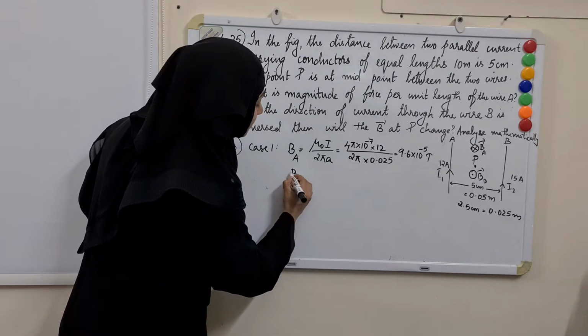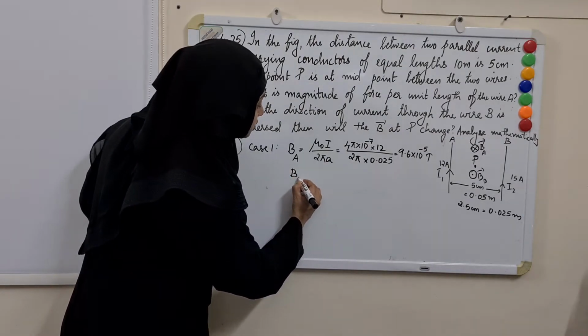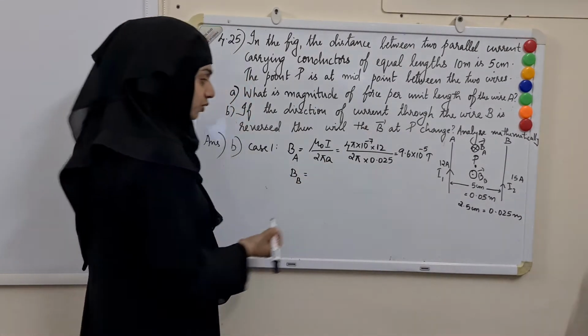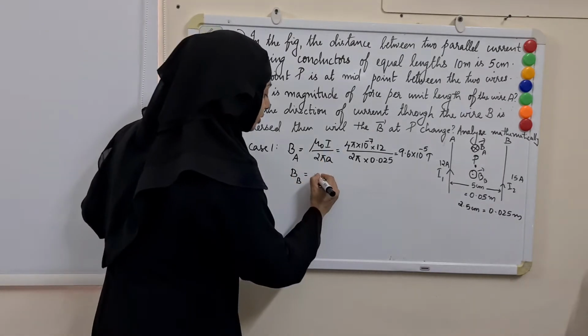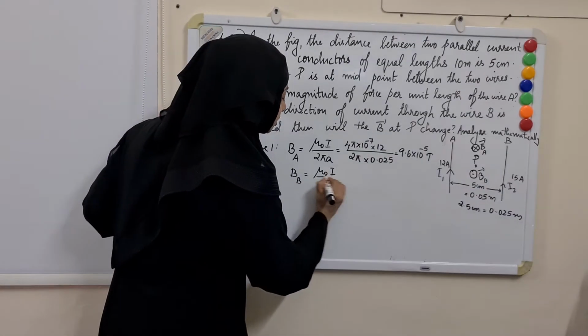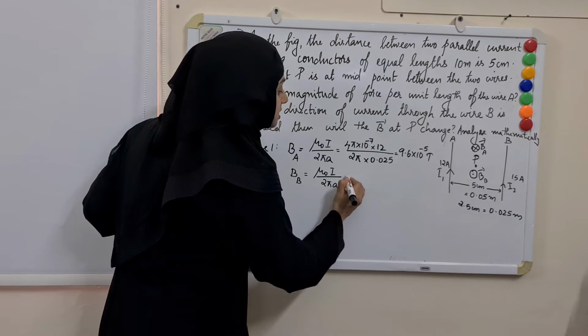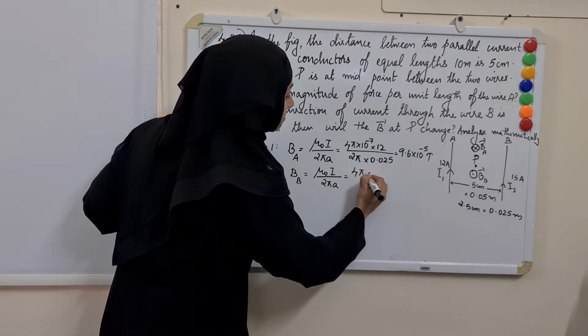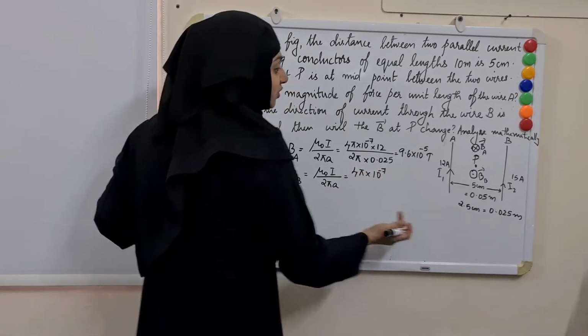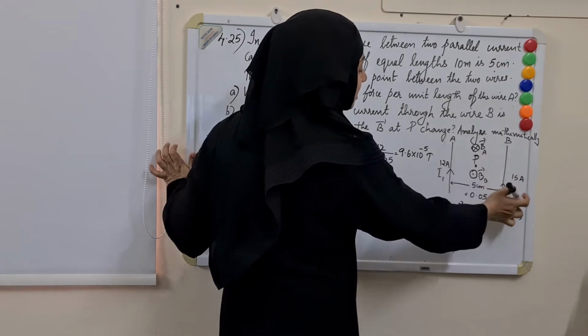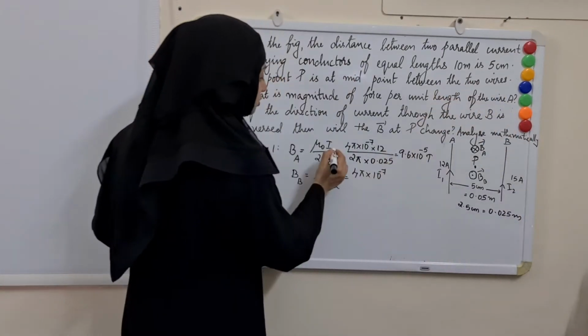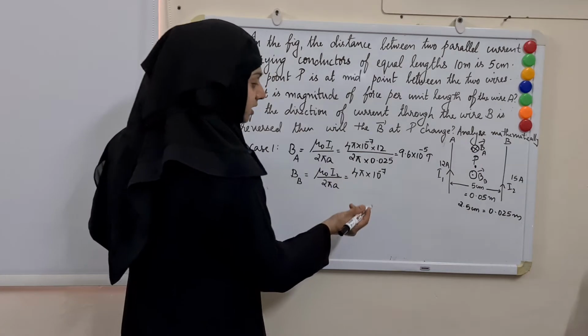Now the magnetic field at P due to B is equal to, so the same formula, mu naught I by 2 pi A. Mu naught is same, but the current is different, right? Here through B the current is 15 ampere, so they expressed it as I1 and here I2.